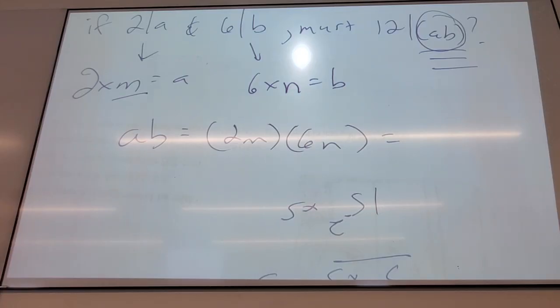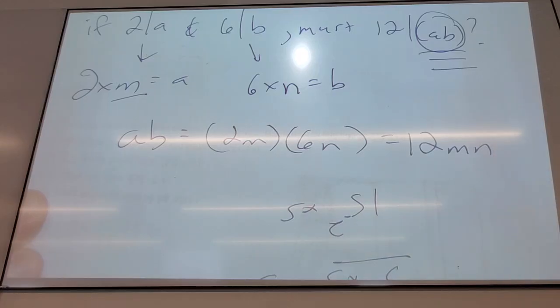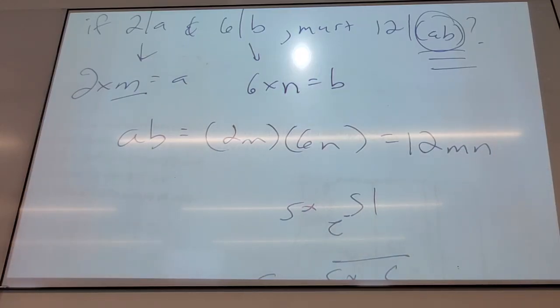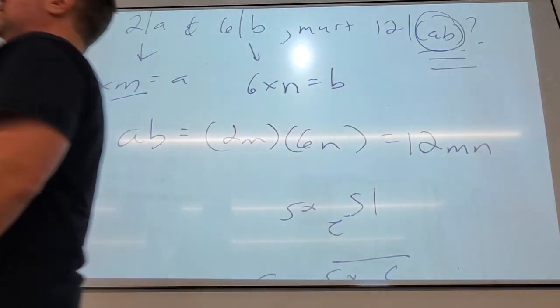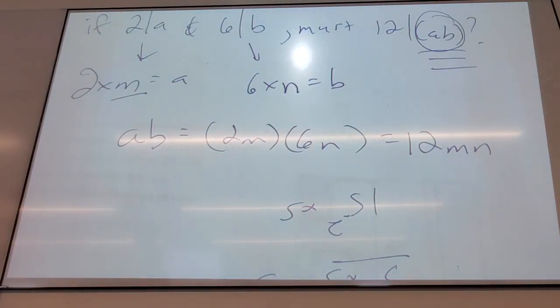What's 2M times 6N? That's what AB is, correct? So does 12 divide that? I don't care what M and N are. 12 divides that because I see a 12. I don't know why I just did the whole problem for you. I love those problems, so I had to.